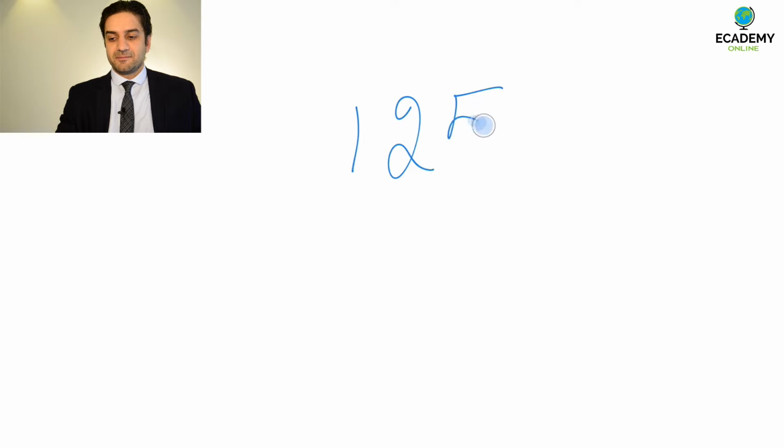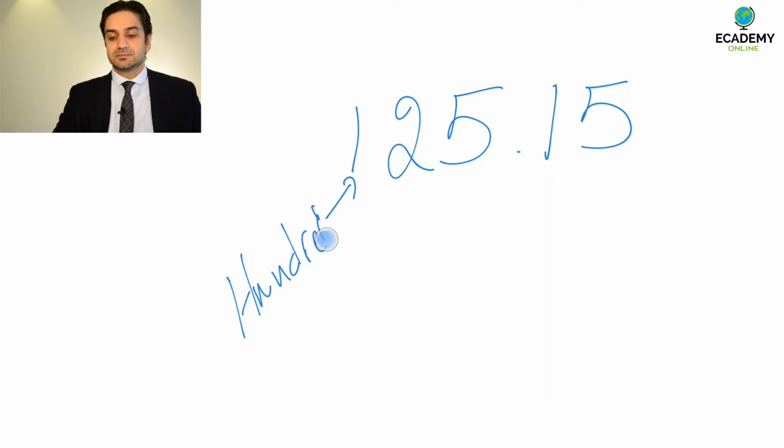So if we want to have an illustration, let's say I'm talking about 125 pounds and 15 pence. 100, this is the hundredths value.